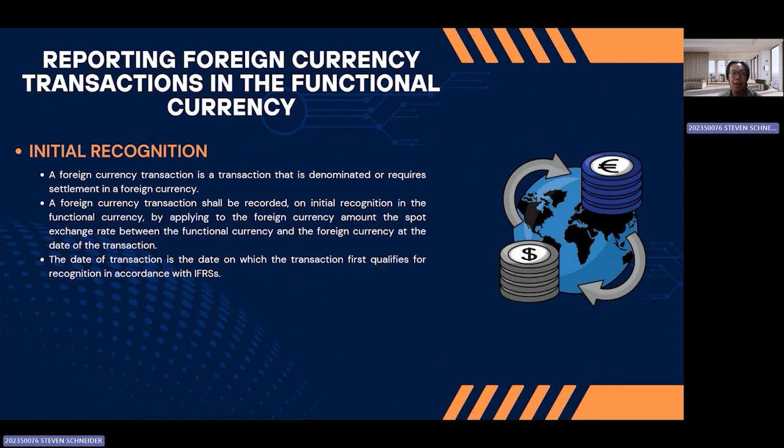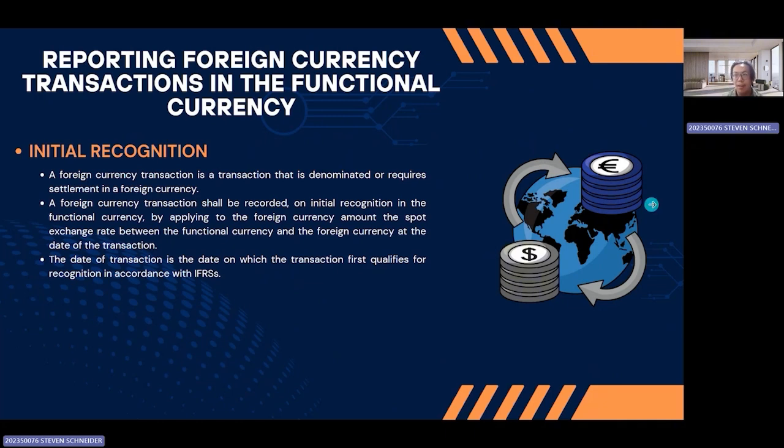The second point is that a foreign currency transaction shall be recorded on initial recognition in the functional currency by applying to the foreign currency amount the spot exchange rate between the functional currency and the foreign currency at the date of the transaction. The last point is that the date of the transaction is the date on which the transaction first qualifies for recognition in accordance with IFRS.